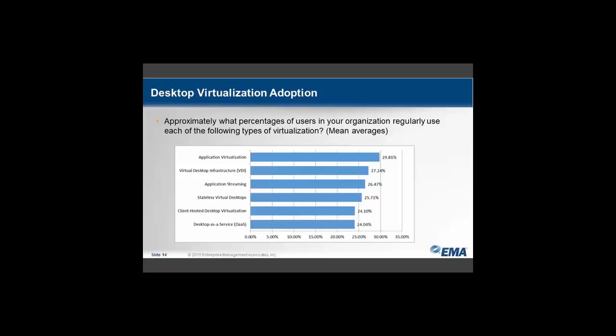As you can see, overall adoption rates average at about a quarter of an organization's size, which is quite impressive. In general, application virtualization tends to be more popular with smaller organizations, while VDI, stateless, and client-hosted desktop virtualization were adopted more frequently, by higher employee percentages, with larger organizations.